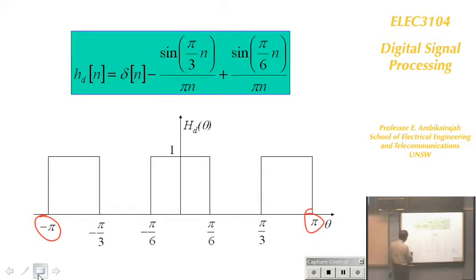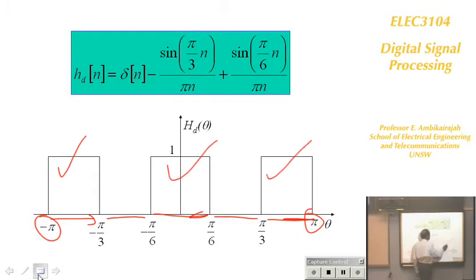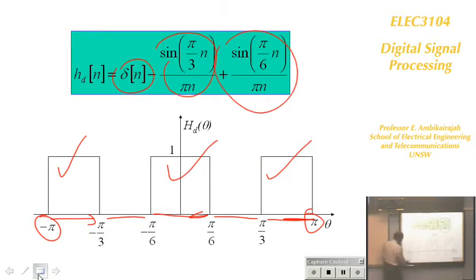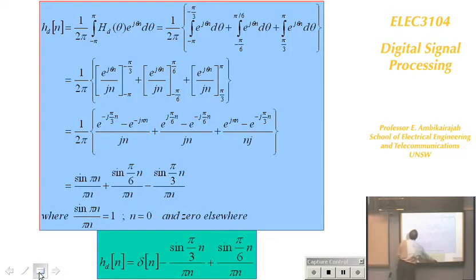The Fourier transform goes from here to here, then 0, here to here, then 0, then here to here. You will have one term, two terms, three terms. Which one goes to which, you check it out. So you start doing this and you get that.